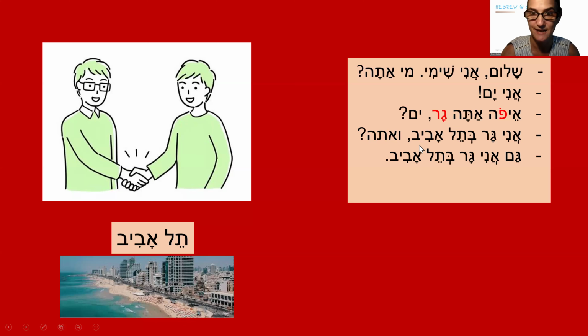It's the city, תל אביב. ואתה, כן, ו is our connecting preposition, and you, גם אני גר בתל אביב. בתל אביב. Yes, תל אביב. Okay? So let's go over the letters.